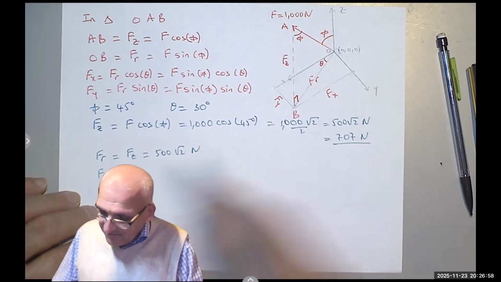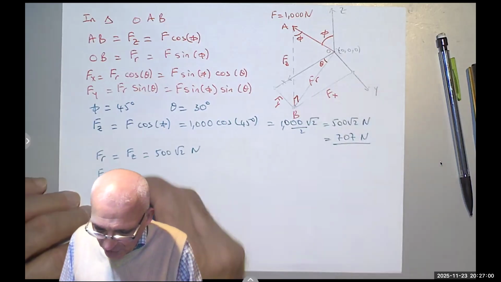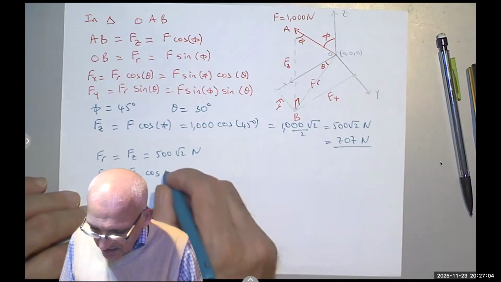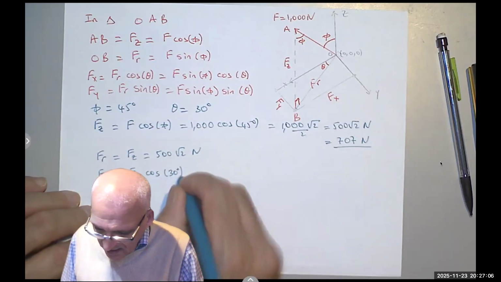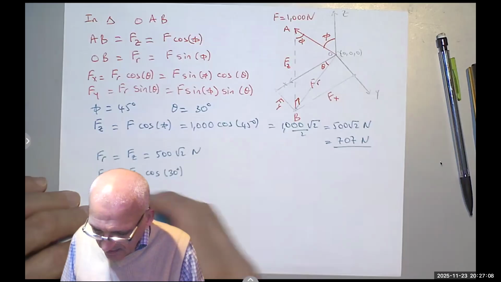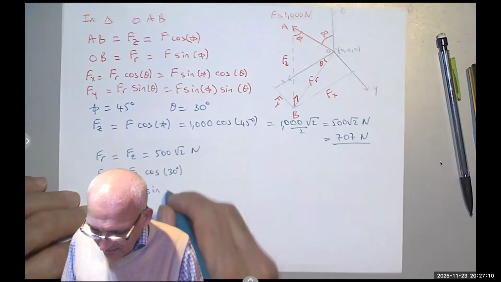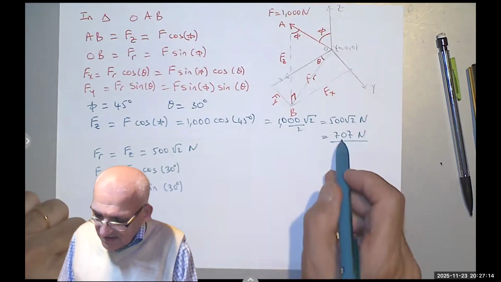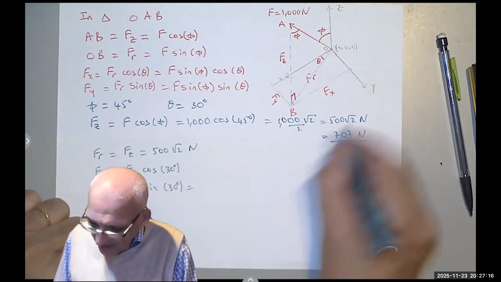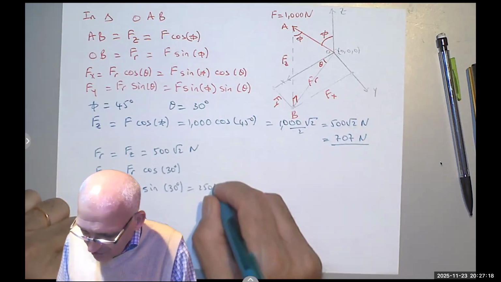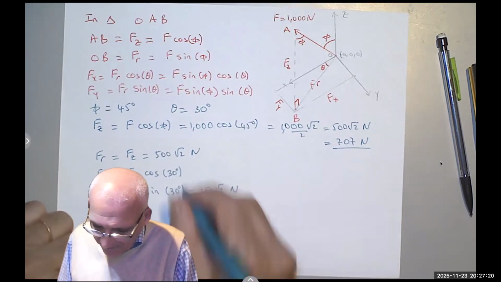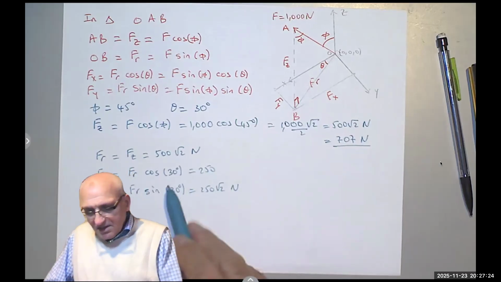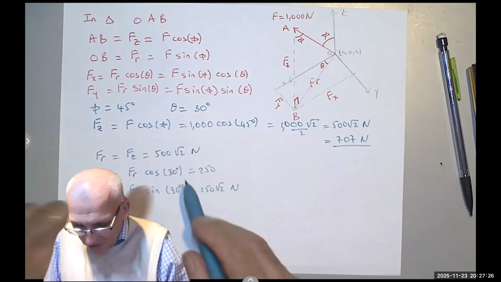Since you already have fr, all you have to do is to say this is fr cos 30 and fr sine 30, which is 1/2. So Fy is easy, it's half of that. So it's 250 root 2 Newton.